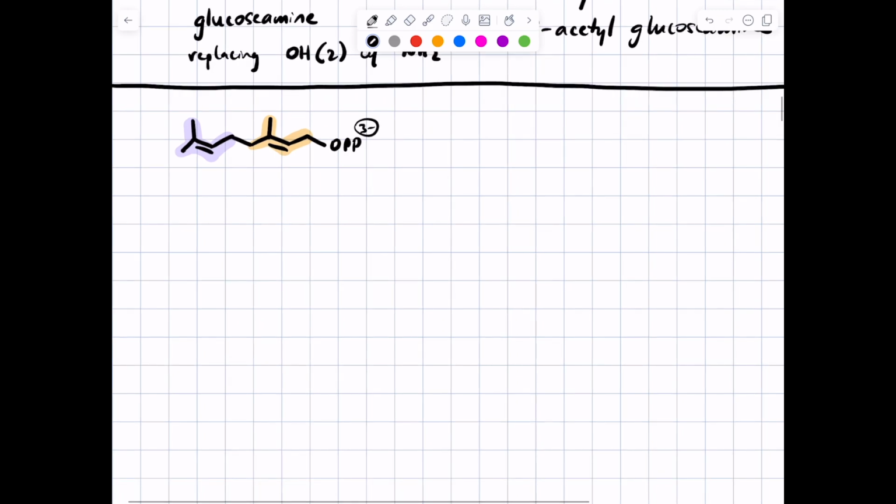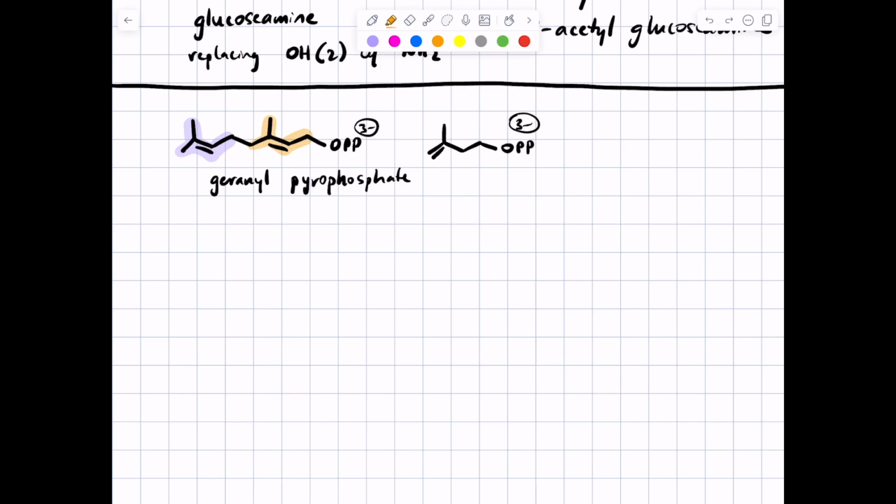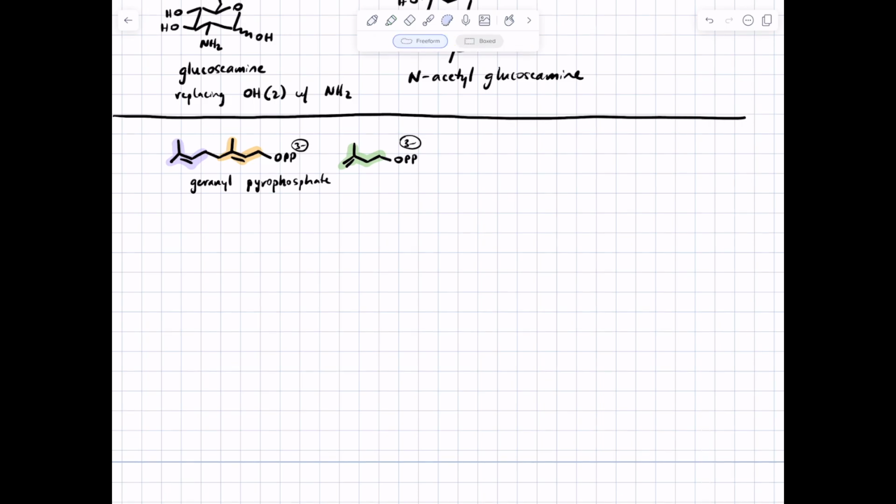And I want to show you how biology elongates a linear terpene, geranyl pyrophosphate, or geranyl diphosphate, to a longer derivative with 1 additional isoprene unit. And this will actually show you how to get the starting material for the cedrol synthesis that we talked about last time.